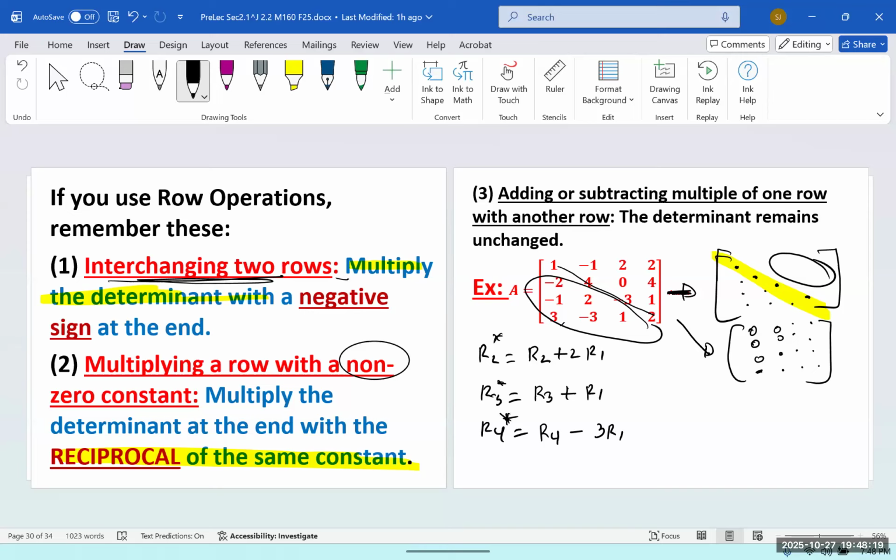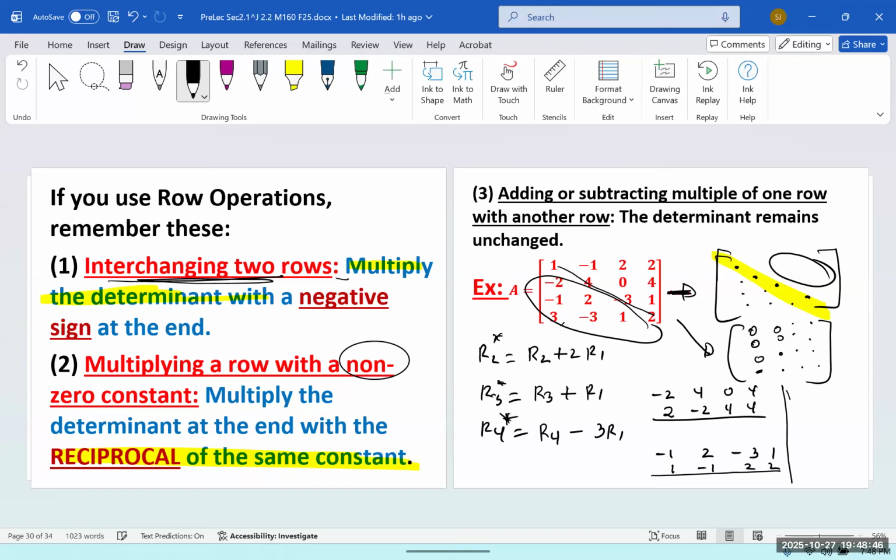So let's see, row 2 is negative 2, 4, 0, 4, and you're adding 2 row 1. So 2 times 2, negative 2, 4, 4. And then row 3 is negative 1, 2, negative 3, 1, and we are adding row 1: 1, negative 1, 2, 2.